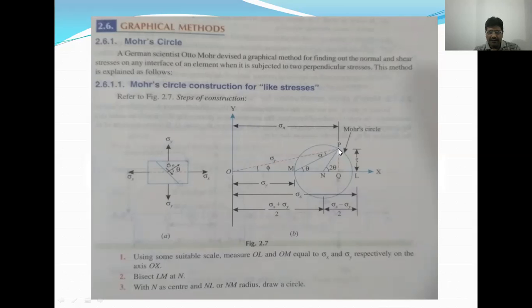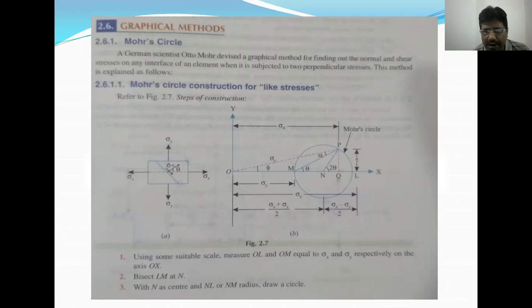From P, we will join point O with point P, and this line will give us sigma resultant, the resultant direct stress because of sigma x and sigma y.